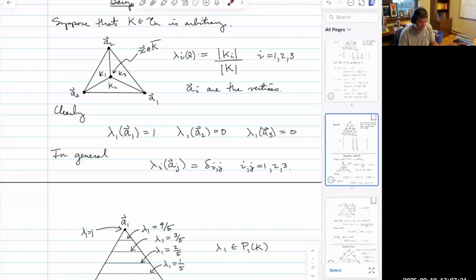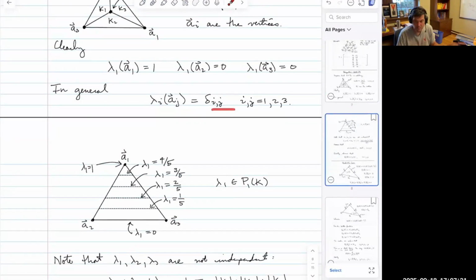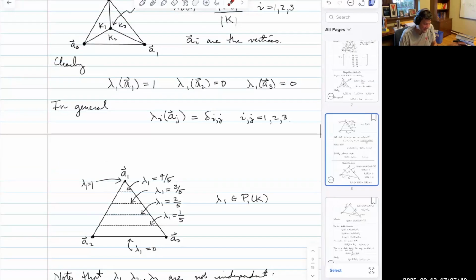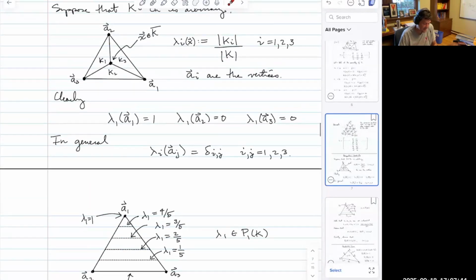So in general, these barycentric coordinates satisfy lambda i evaluated at aj is equal to the Kronecker delta symbol, delta ij. The Kronecker delta symbol is perhaps the most important symbol in finite elements. All right. Now, what is really important here are the isocontour lines of these lambda symbols, these barycentric coordinates.